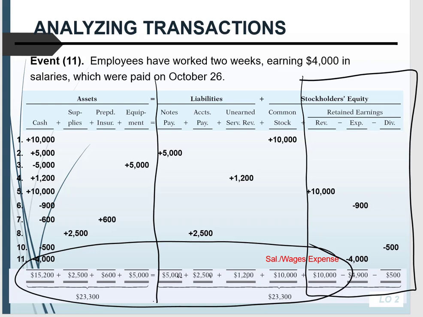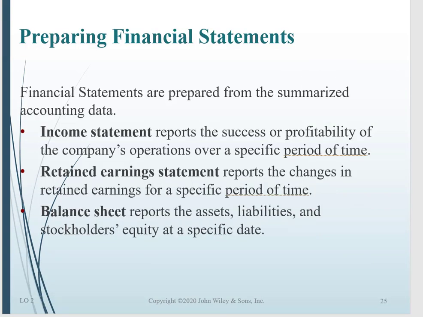These are the totals of the right-hand side of the balance sheet. So essentially, we've created a very simple way to record events. We don't have to get all worried about debits, credits, all that other stuff, but we now know how we can create the income statement, the retained earnings statement, and how we can ultimately then create the balance sheet.